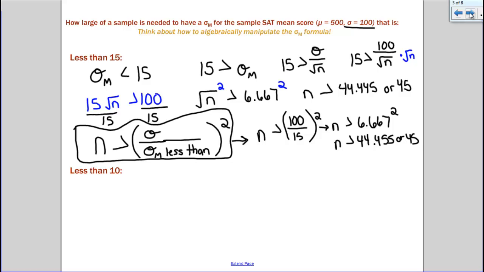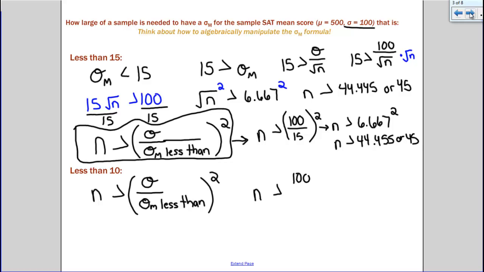All right, now let's do it for less than 10, and let's jump straight to the easier formula. So n needs to be greater than the standard deviation divided by the desired minimum value for the standard error, and then squared. All right, so this becomes n needs to be greater than, my standard deviation for my population is still 100.